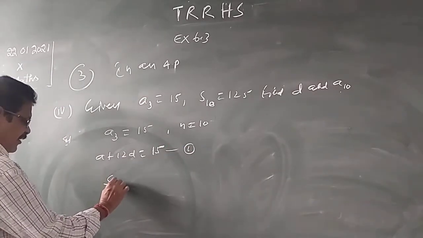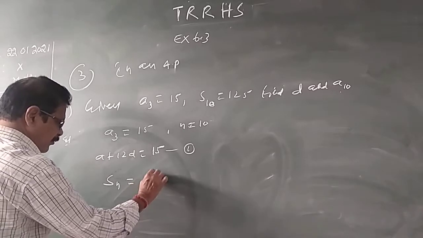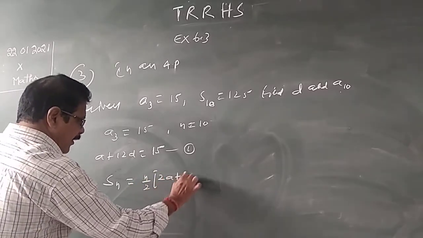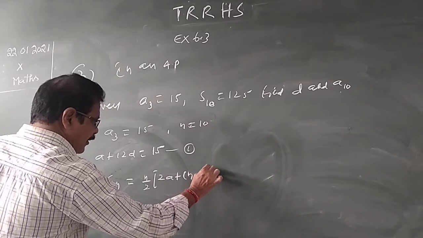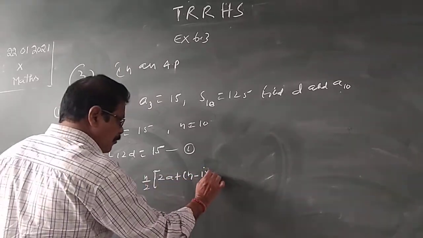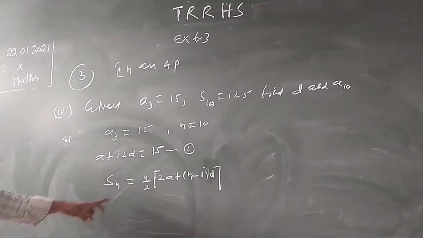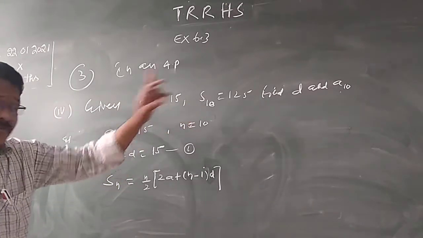Now S10 is given. The Sn formula is Sn is equal to n by 2 into 2A plus n minus 1 into D. S10 is the sum of the 10 terms, which is 125.